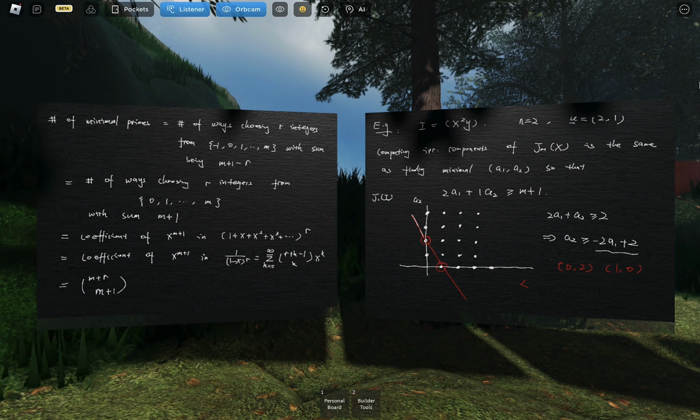Then we can write down the minimum primes, which will be (y0, y1) and (x0).